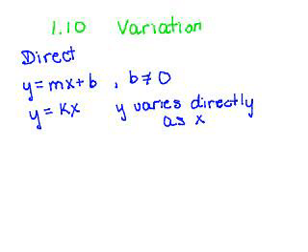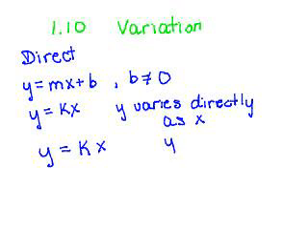And in Pennsylvania, the state income tax is directly proportional to the gross income. So the state income tax, let's say, is y, and it varies directly as the gross income. So let's say that the gross income is x.